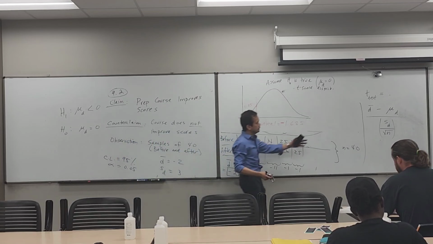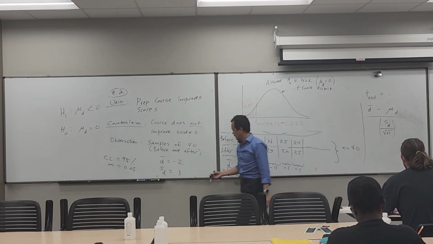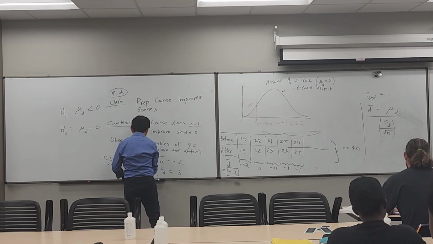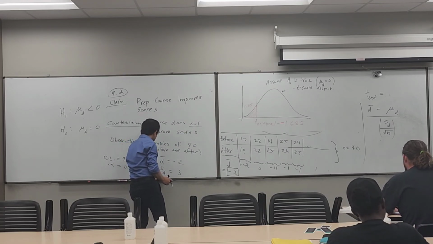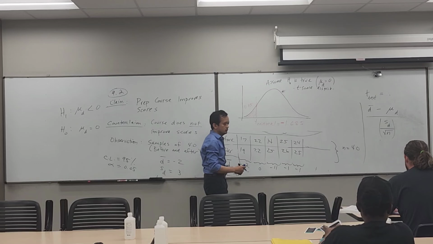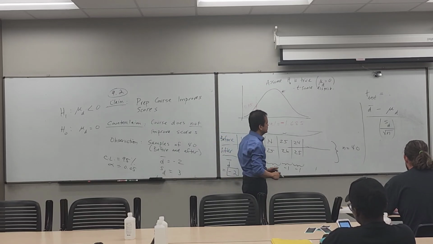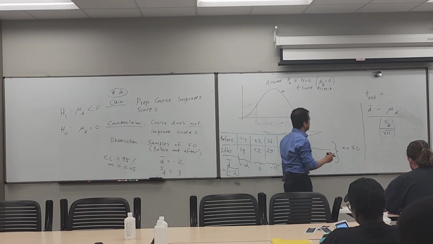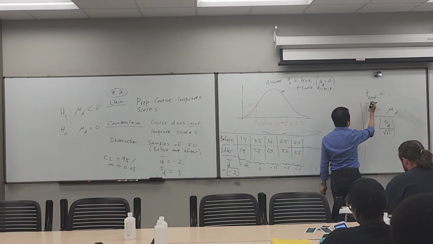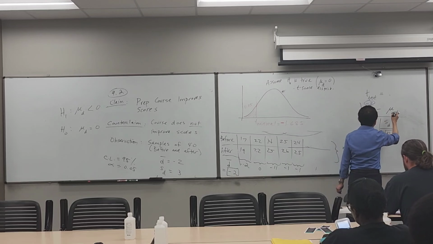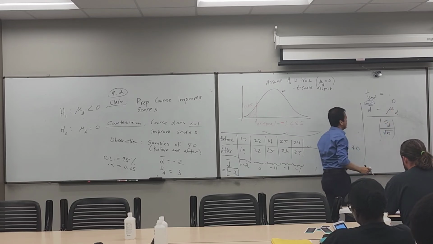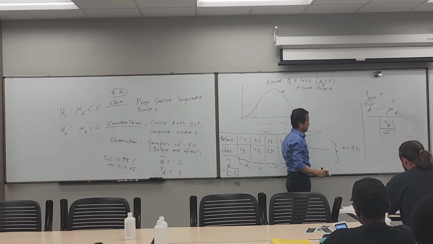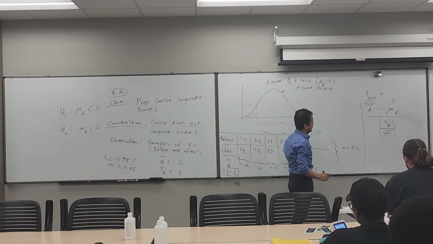Again, this formula will be given to you. Assuming H0 is true and the mean difference is 0, you have negative 2 divided by 3 over the square root of 40. You end up with a weird fraction, negative 4 square root of 10 over 3, converted to decimal as negative 4.2164, just to keep it short.